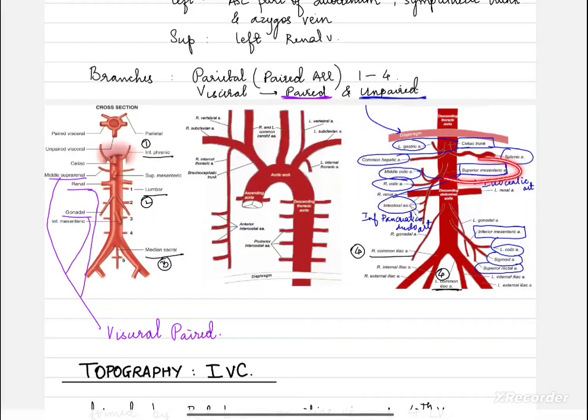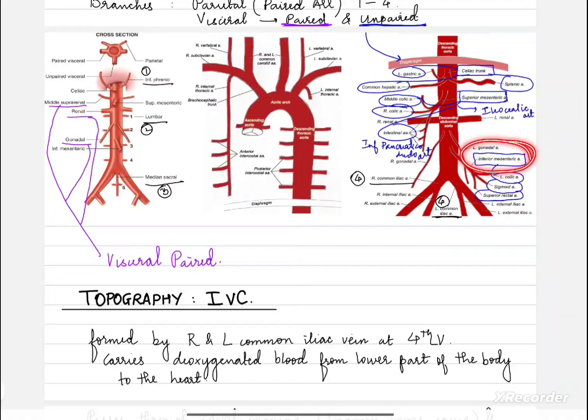Next is the inferior mesenteric artery. The inferior mesenteric artery gives the left colic artery, sigmoid artery and superior rectal artery.